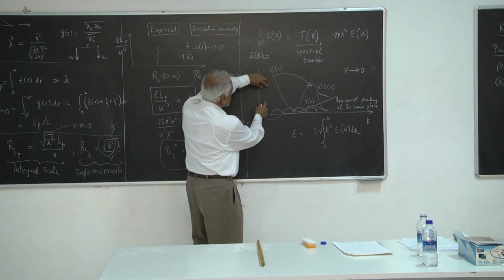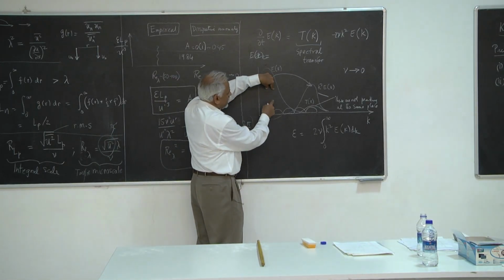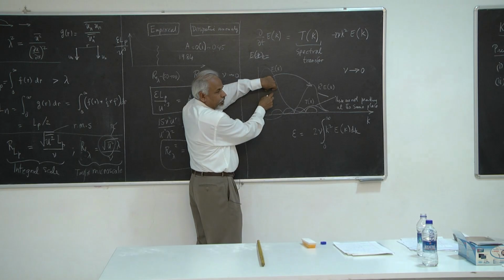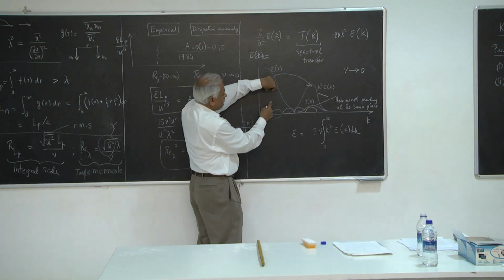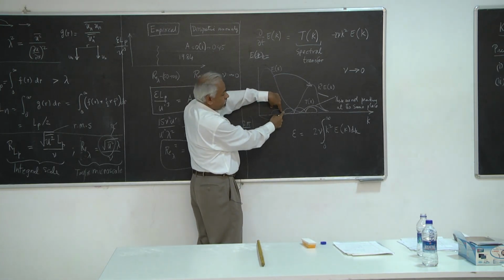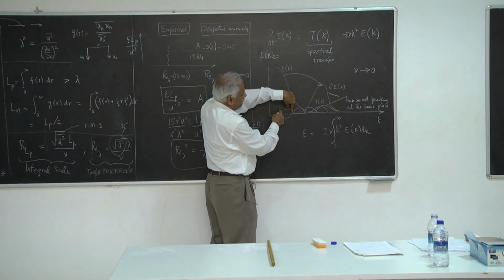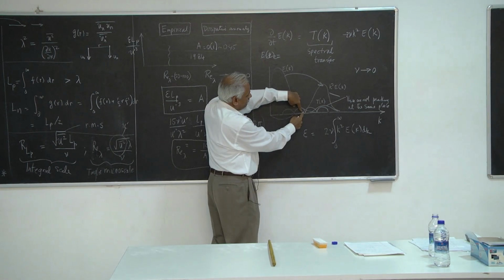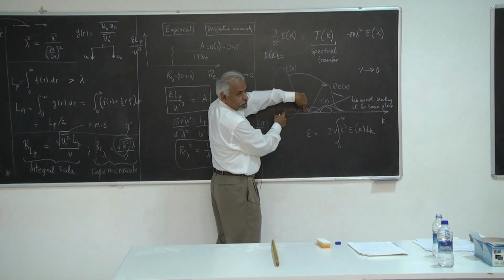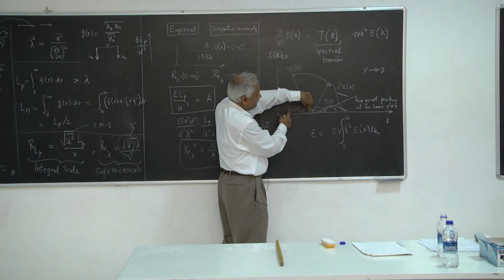And of course, the next scales will be affected by what you have done here. That is, how you have stirred will influence the next range of scales, but a little bit less than here. By the time you get there, it has already forgotten what has happened here to a larger degree.